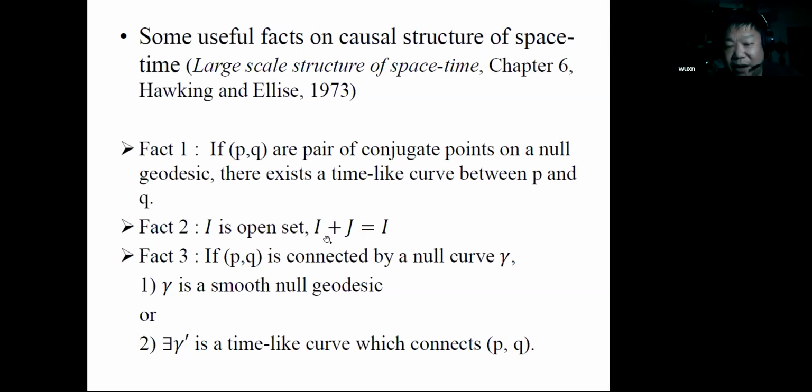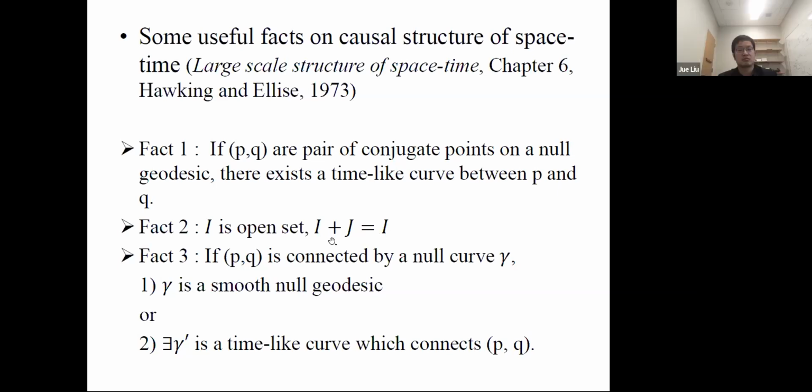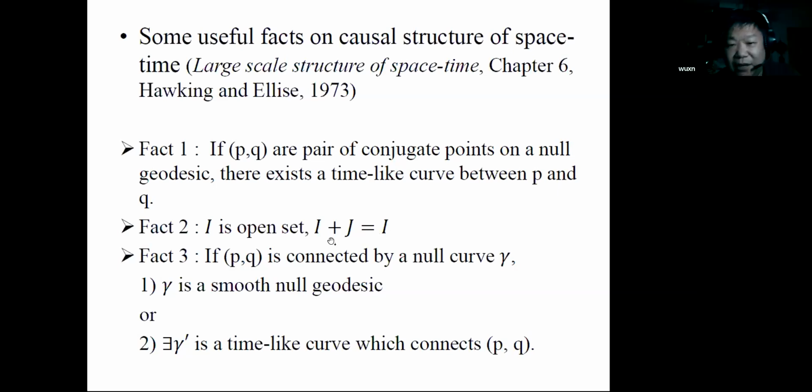So it means I plus J equals I. From point A to point C, you can get another curve connecting the two points, and this curve is totally time-like. That means I plus J equals I.